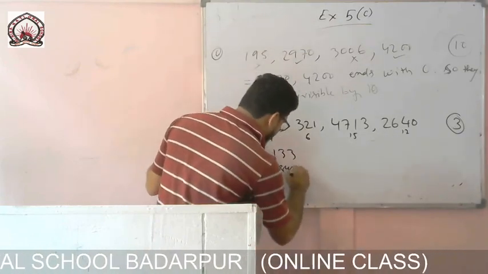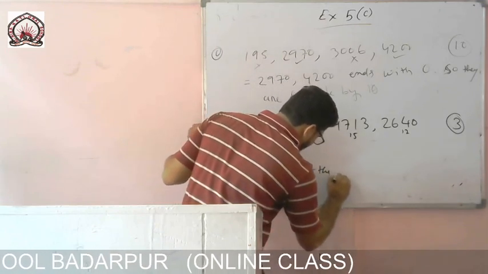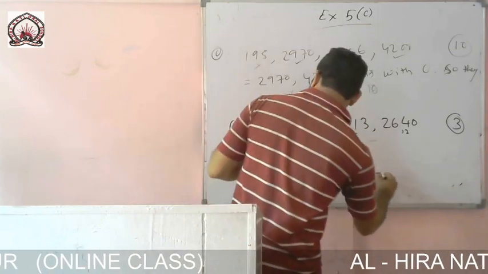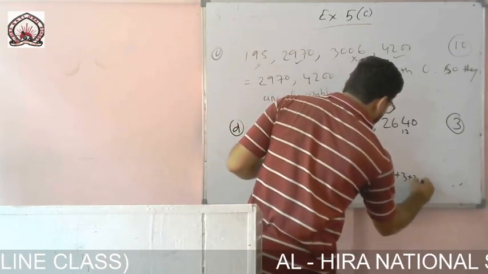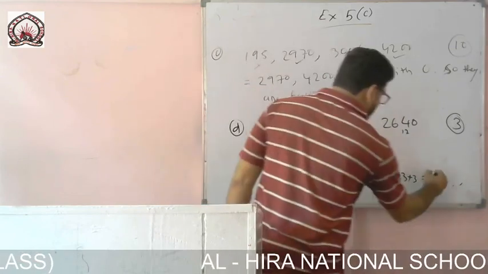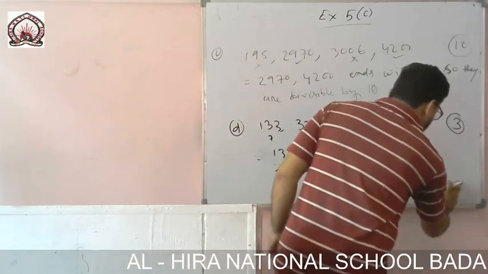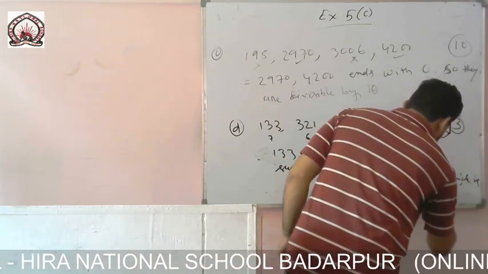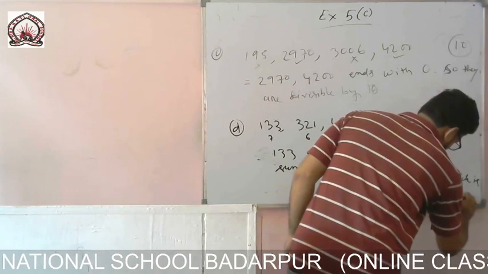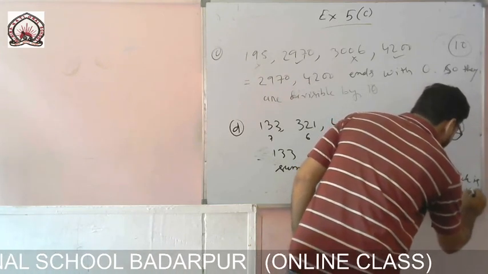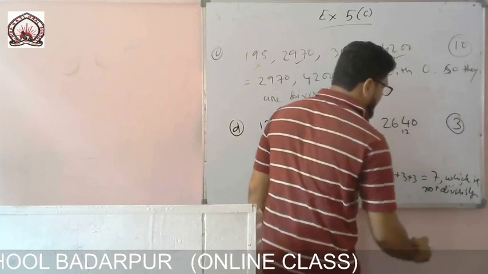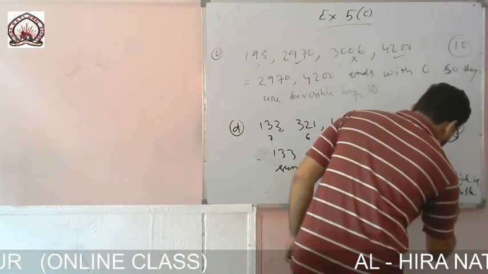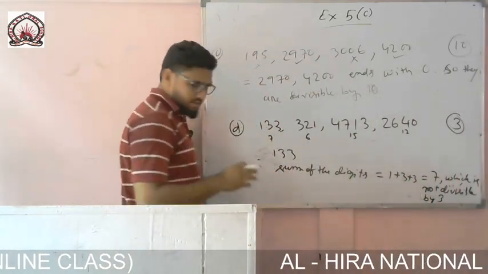Then you write sum of the digits equals 1 plus 3 plus 3. It is 7, which is not divisible by 3.